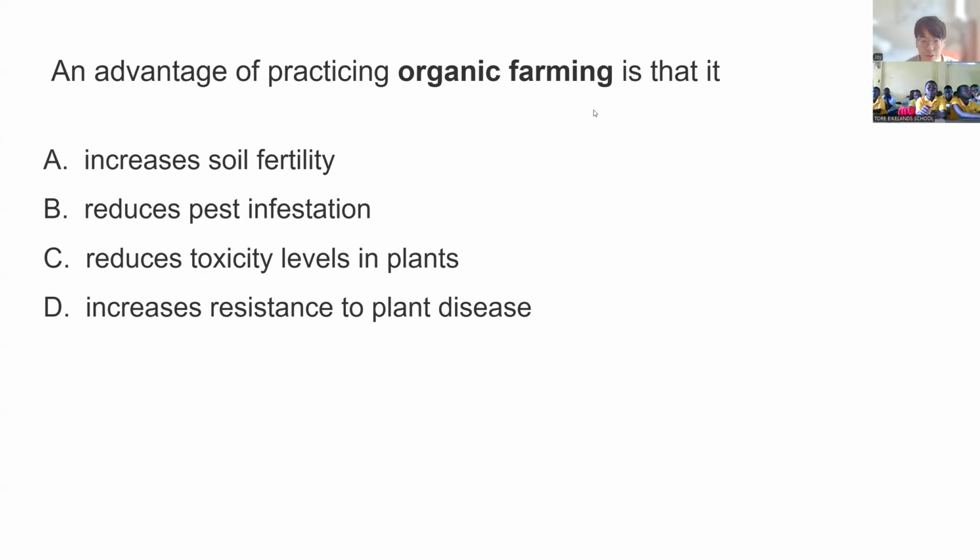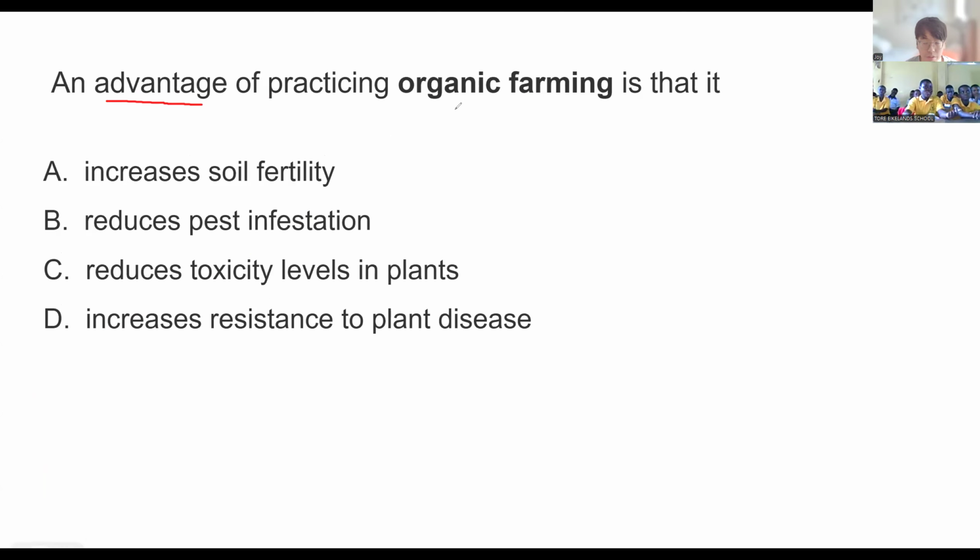So let's start with this question about organic farming. An advantage of practicing organic farming is that it does what? What do you think? What is an advantage of this method?